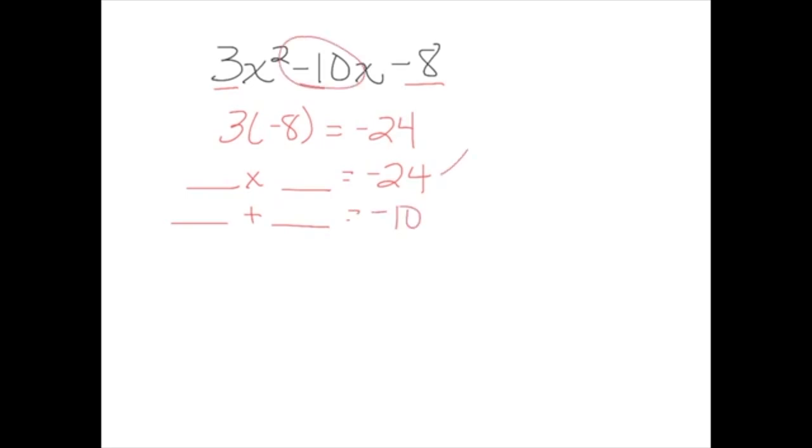Okay, so out here to the side, I'm going to list out all my factors of 24. 1 times 24, 2 times 12, 3 times 8, and 4 times 6. Okay, the combination that's going to give me negative 10 when I add them up is 2 and negative 12.